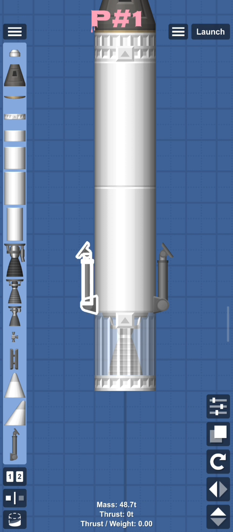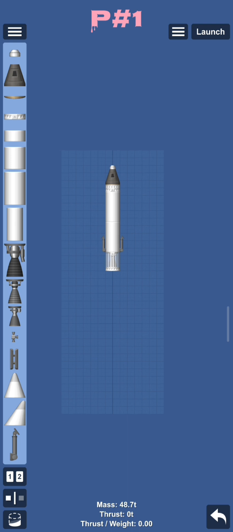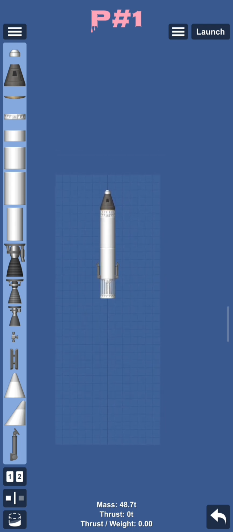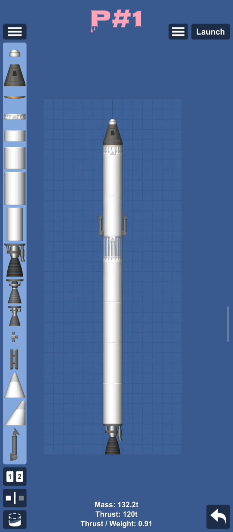And then fix some fuel tanks for lower part, and will use Hawk engines because of its high thrust. Hawk engine have high thrust and low efficiency, and mainly used in first stage of the rocket.